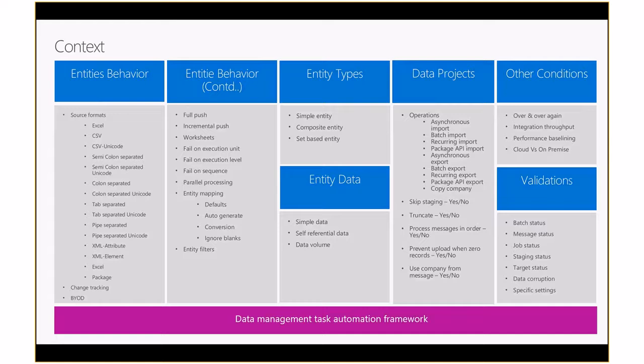And going forward on the entity behavior itself, there are a few other settings that somebody can configure. I'll call out the parallel processing settings, and I'll also call out the entity mapping settings that somebody can do on the mapping itself. Should the value for a column default, or should the value for the column be auto-generated using a number sequence? Now, these become quite significant in the context of data migration, right?